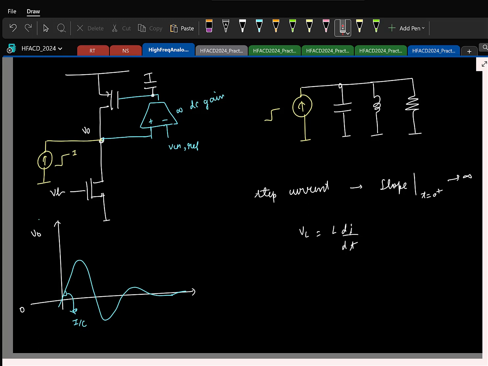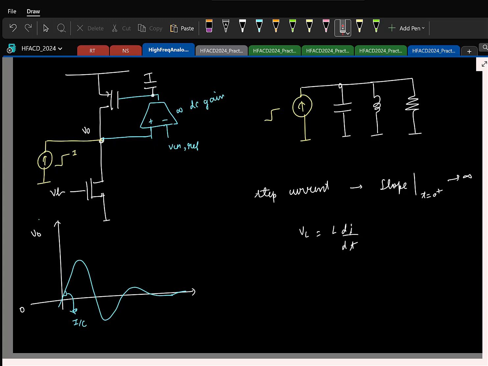Okay. So here if you see this feedback loop, it is trying to make sure that this common mode voltage here is exactly equal to VCM ref. That's its job. So in a way it is trying to make a voltage controlled voltage source where the output voltage is dependent on VCM ref.